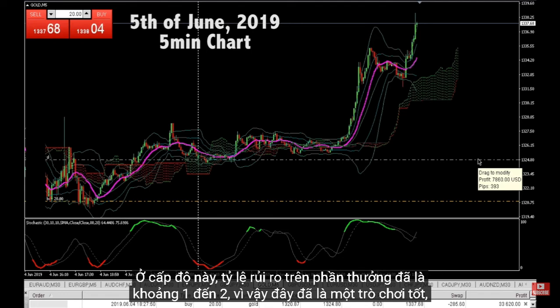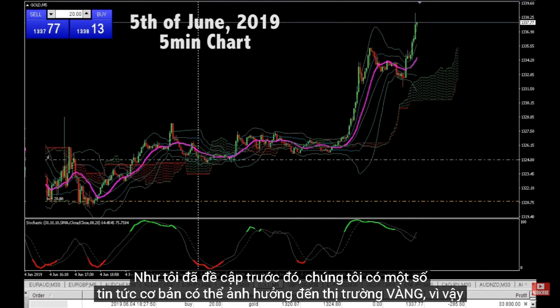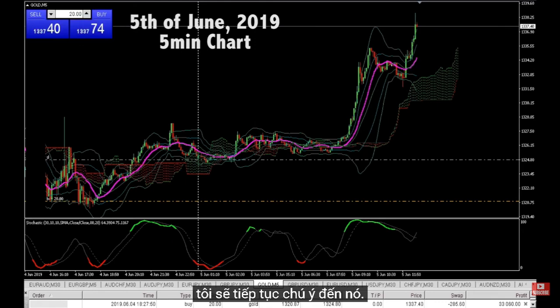At this level, the risk to reward ratio is already about 1 to 2, so it's already a good game. But let's see how much further I can extend the profit. As I mentioned earlier, we have some fundamental news that might affect the gold market, so I will keep paying attention to it.